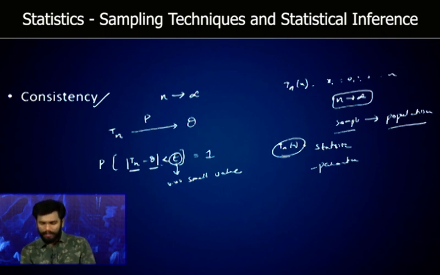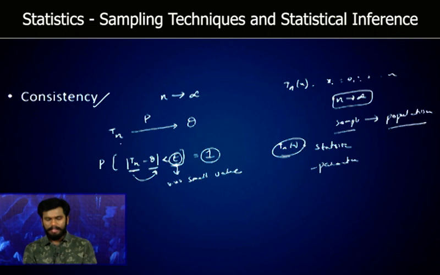So the probability that the difference between the statistic Tn and the population parameter theta is less than a very, very small value means these two are very close. Only when these two are very close will this difference be very, very small. So its probability should be 1. That means Tn and theta should be very close when n tends to infinity. Then we can say that the estimator Tn of x is a consistent estimator.